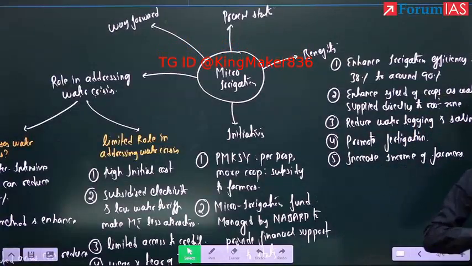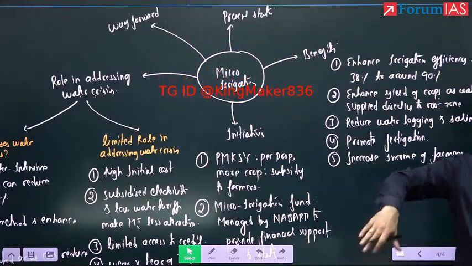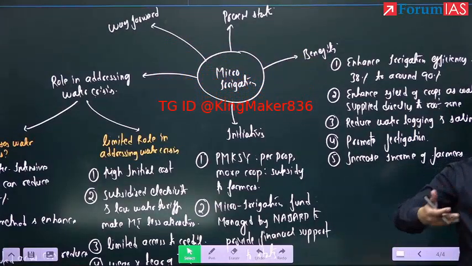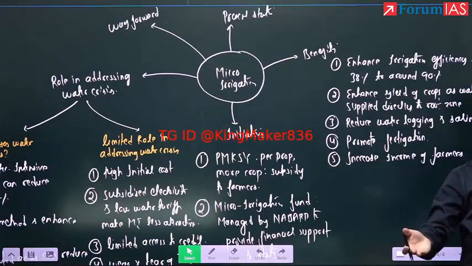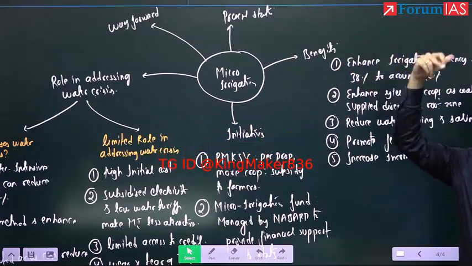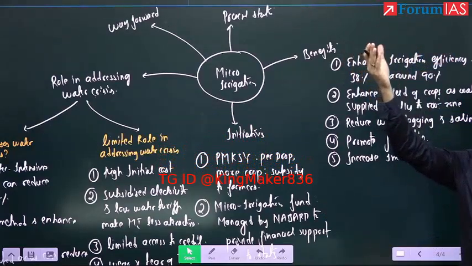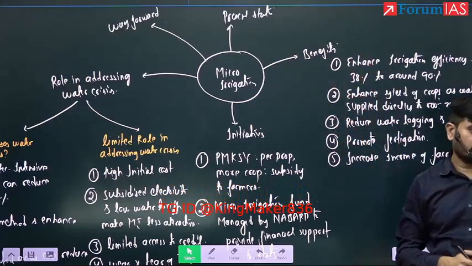Can micro irrigation alone solve the water crisis? Obviously not. Micro irrigation has to be supplemented, complemented with other strategies. वो कौन सा strategies होना चाहिए? Remember I discussed demand side, supply side, institutional side, right? Legal side. So, way forward.